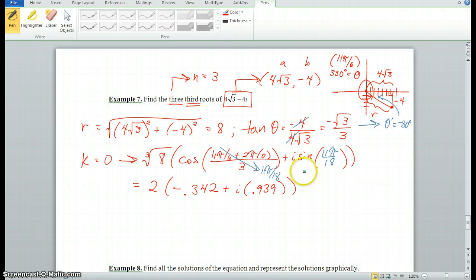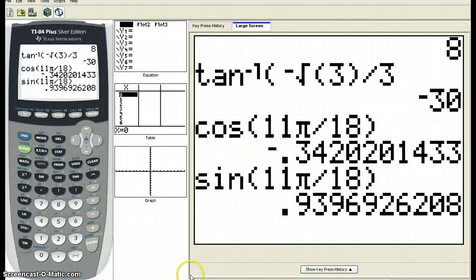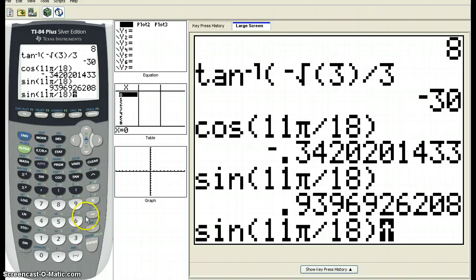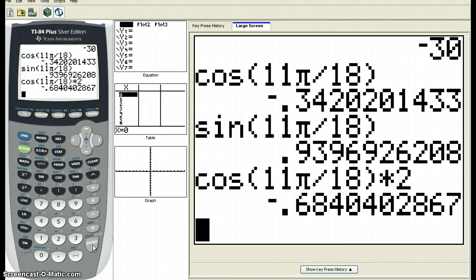Okay. If I were to distribute the 2 in both instances, I can go back, just typing times 2. Negative 0.684.